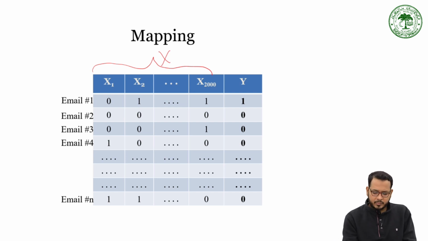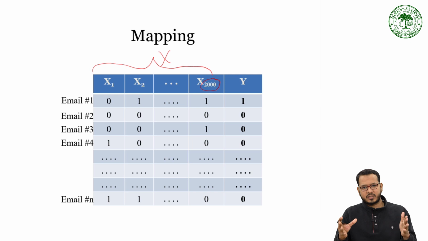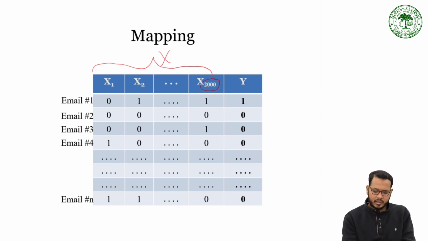And if you remember from the last lecture, this 2000 is actually the set of unique words available in all the emails combined, and it is called the vocabulary that we have created out of these emails. And of course, we then have the corresponding class also, 1 representing that it is a spam email and 0 representing that it is not a spam email.